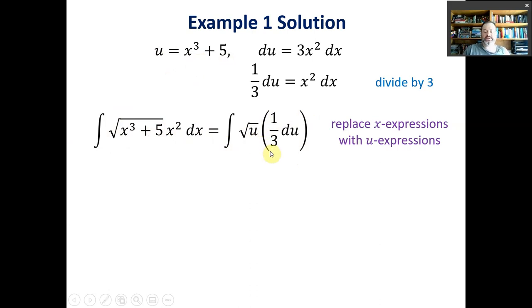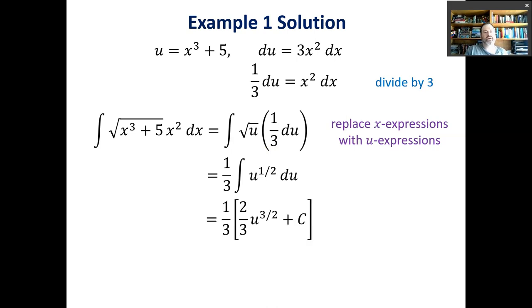After we've done the replacement, we simplify. I always pull constants to the front, it's a good idea. And then any powers, just use your power rules. So we can do this integral. We know the integral of u to the 1/2 du, right? It's 2/3 u to the 3/2 plus c. You don't have to show all the arithmetic.